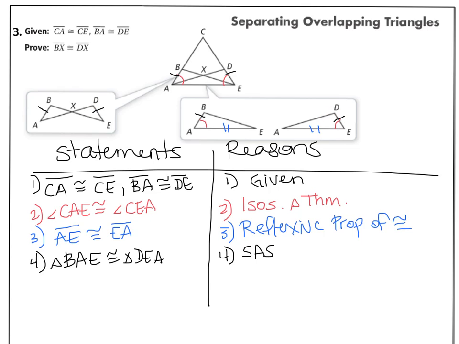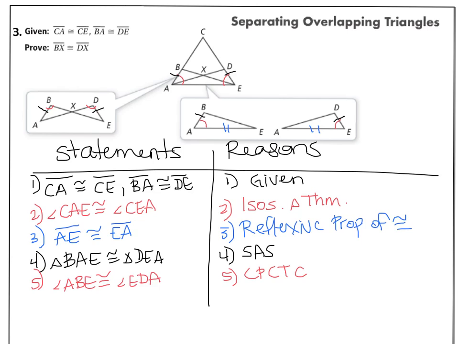And that's why corresponding parts of congruent triangles are congruent. So I'm going to say that angle ABE is congruent to angle EDA. Corresponding parts of congruent triangles are congruent. So I can mark that over here on my triangle.